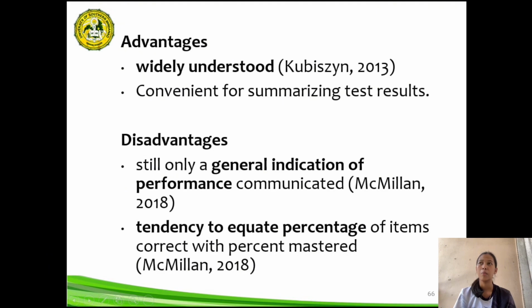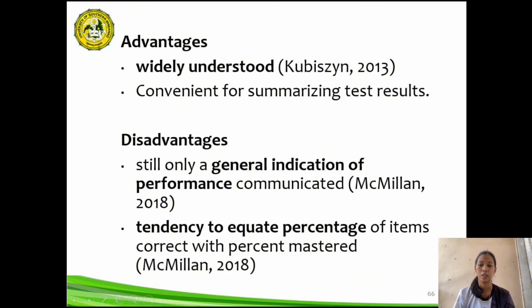So, mostly everyone na iintindihan nila kung saan ba dun yung mataas na kuha. So, yun yung sinasabi ni QBC na is widely understood. Next is convenient for summarizing test results. Teachers can easily calculate average or rank students based on their scores.